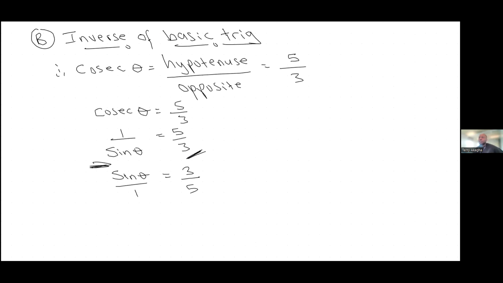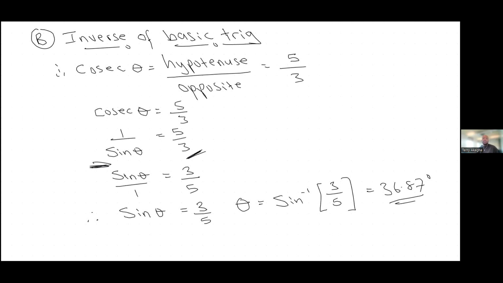Sine theta divided by 1 is still the same thing as sine theta, which is equal to 3 over 5. So theta will be equal to the sine inverse of 3 over 5, and that should give you 36.87 degrees. Are you seeing it? We got exactly the same thing.